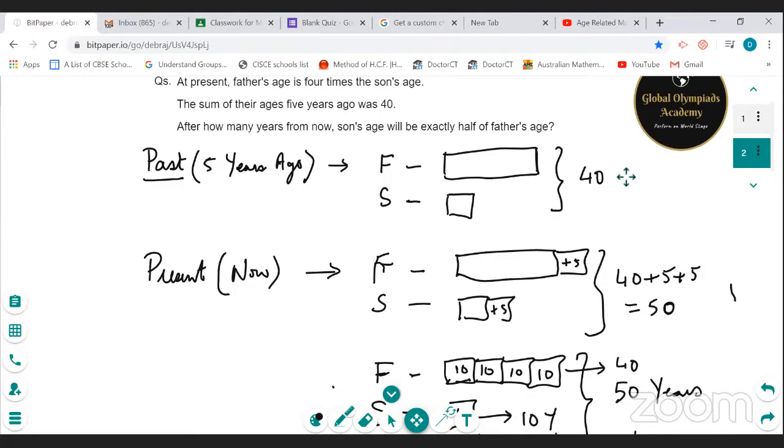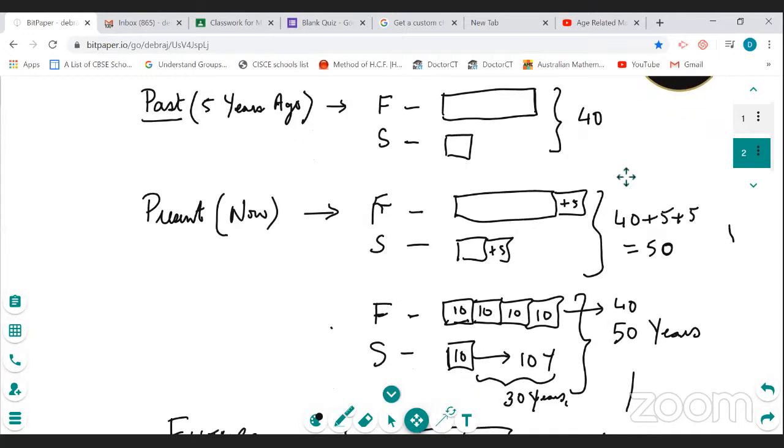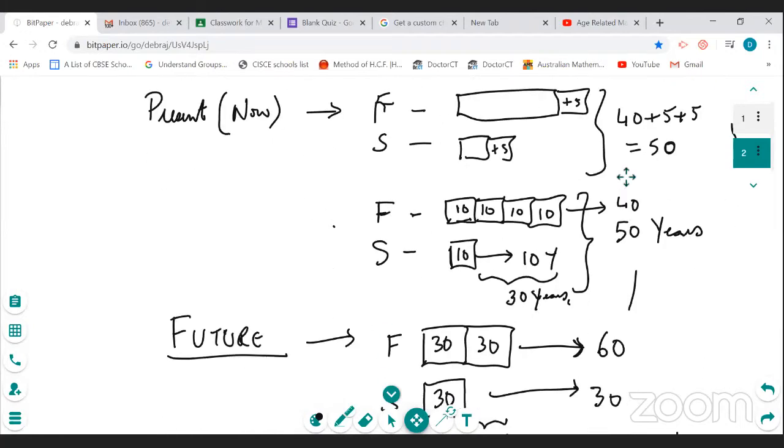So we can see that from 40 for present we can calculate 50, and we also have a relational aspect of their ages in the present, which means that 50 will be equal to 5 parts because the father is 4 times the son's age. So overall 5 parts will give you 50 years, and that will help us in finding their current ages and also the difference of their ages.